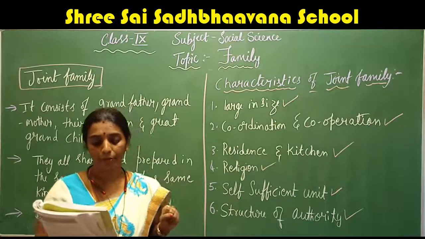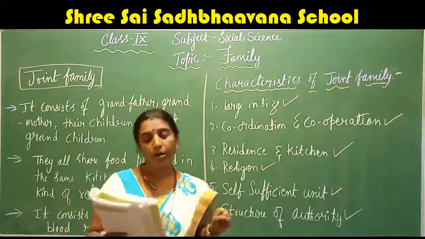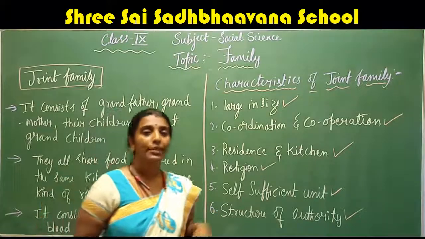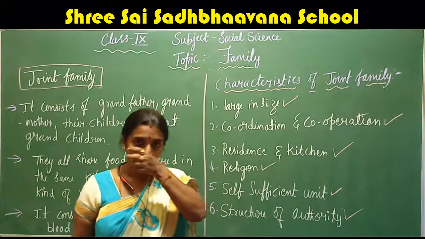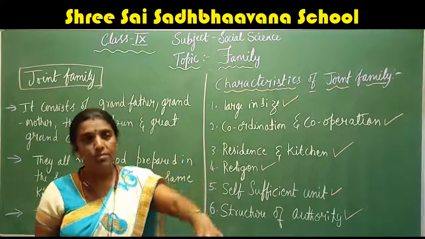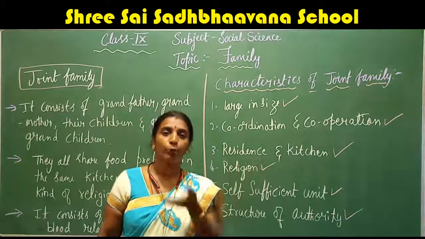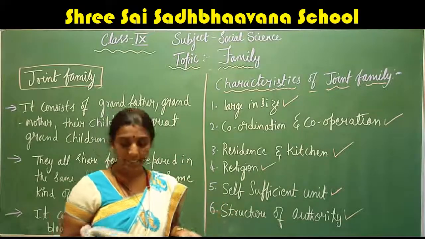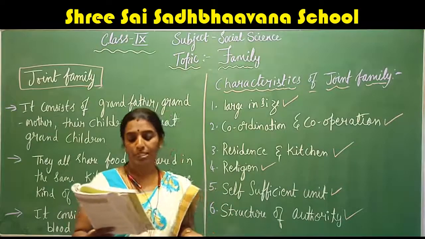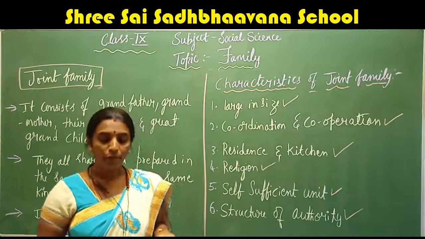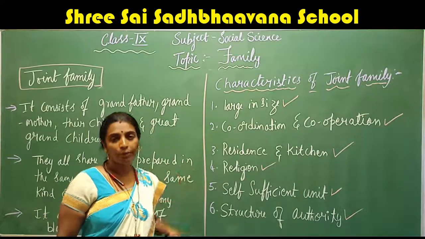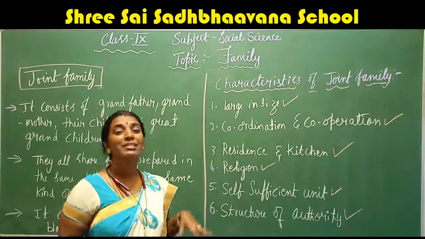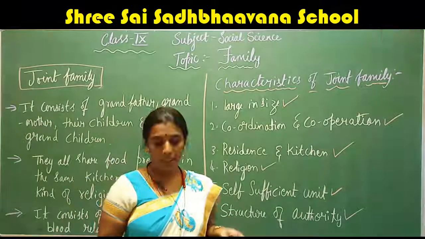The elder person is given the responsibility and authority to take care of the whole family's matters, and the handing over of authority is based on seniority. In a joint family, the authority will be given to the senior most of the family.